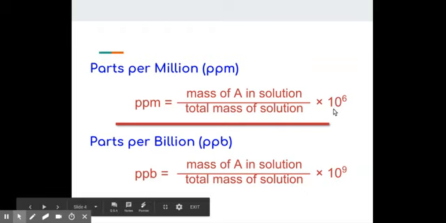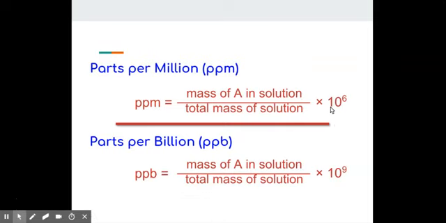Because it's parts per million, the multiplier is 1 million. So after dividing the masses, you just have to multiply by 1 million. You get a certain value from there, and then for the final unit, you just put ppm of whatever you're getting.